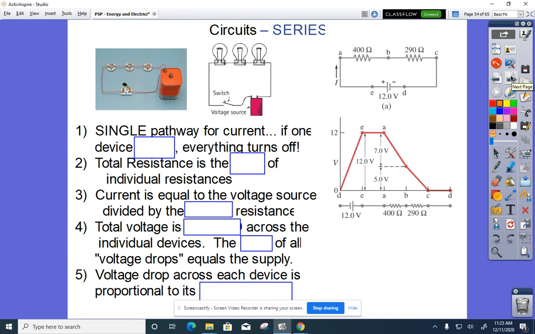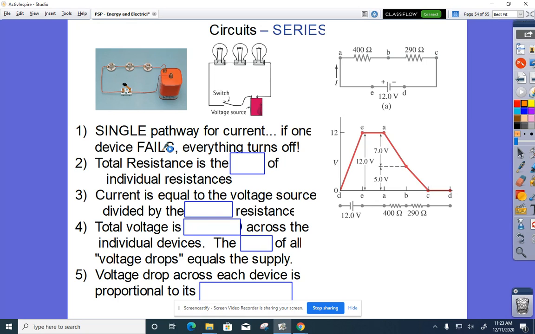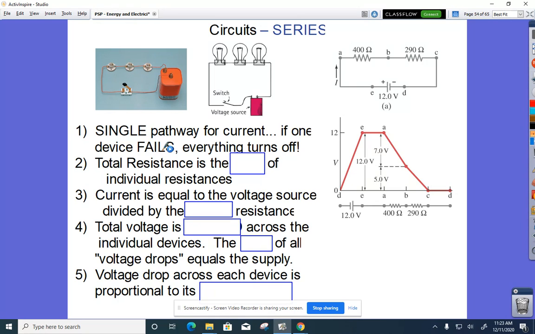For a series circuit, there are 5 things for us to look at, along with some graphs and pictures to analyze. A little more detail here. There is a single pathway for current. If one device fails, such as a light bulb burning out, everything else turns off. Recently, often about this time of year, people are putting up trees and putting lights on those trees.